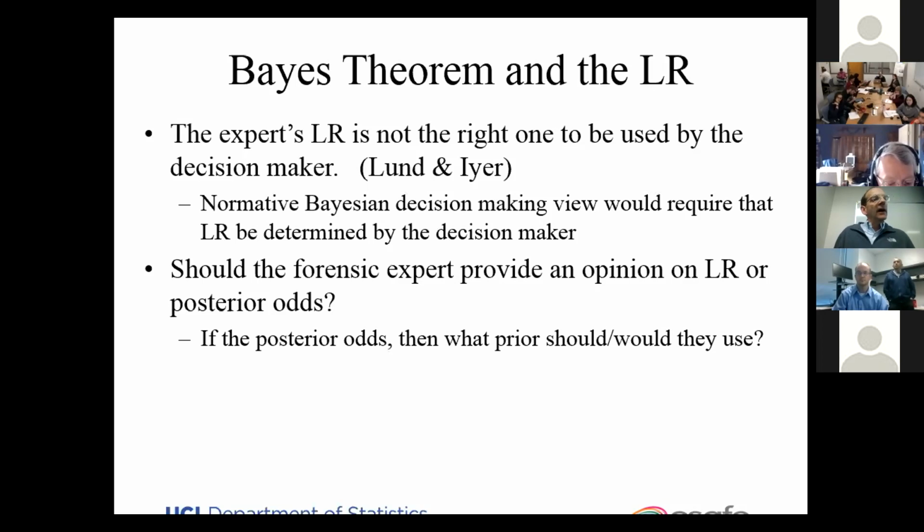A second point that's worth noting in the context of Bayes' theorem and the likelihood ratio is I've been part of several discussions in which the question comes up of what do we expect of the expert? Should they provide the likelihood ratio, or should they in fact step in and provide the posterior odds? So some of the statements that are proposed are, I've looked at the evidence, and based on this evidence, I'm reasonably confident that this person wrote the signature, or that these two items match.